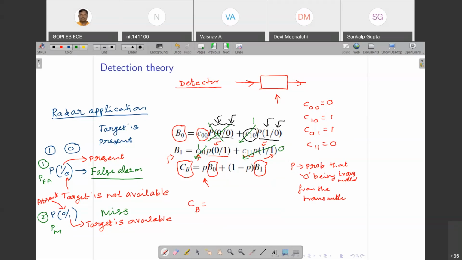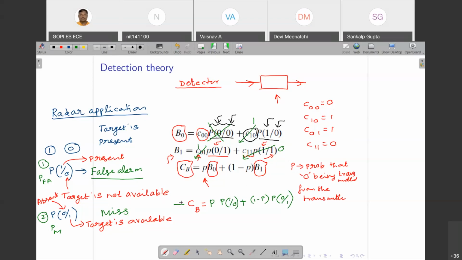So we get the cost as P into probability of 1 given 0, plus 1 minus P, into probability of 0 given 1, right?